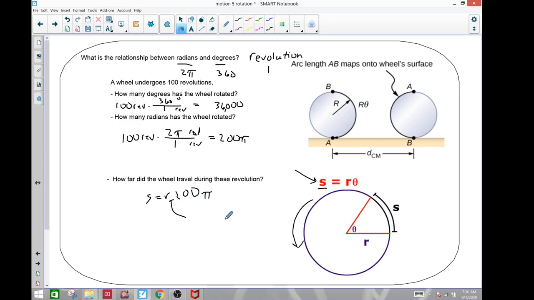So it depends at this point on how big your wheel is. If a small wheel rotates 100 times versus a large wheel rotating 100 times, it is a lot different. Quite often, a pretty common example is an old-time bicycle.